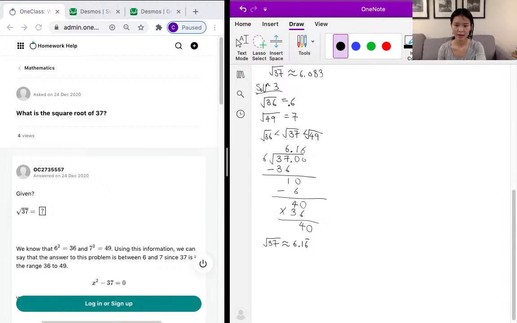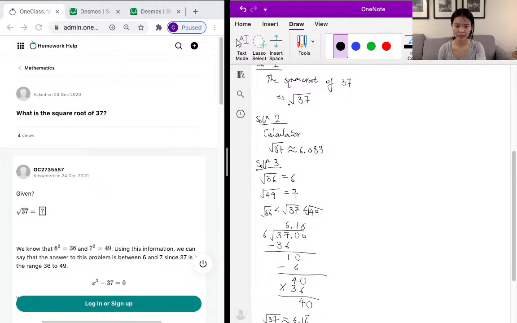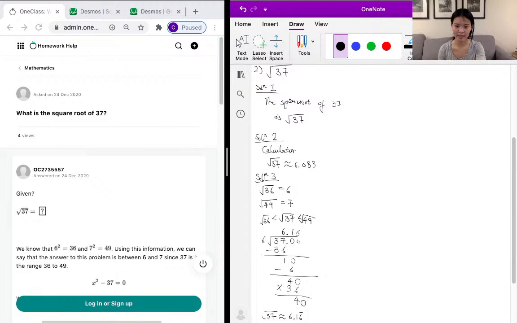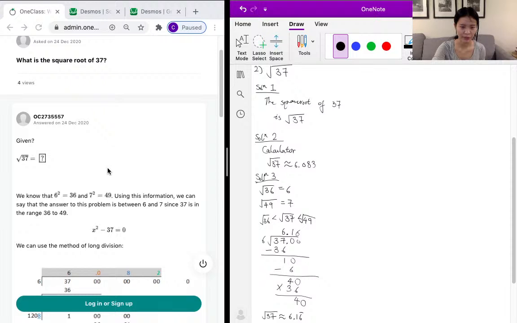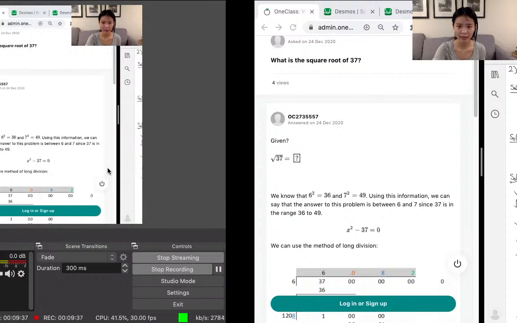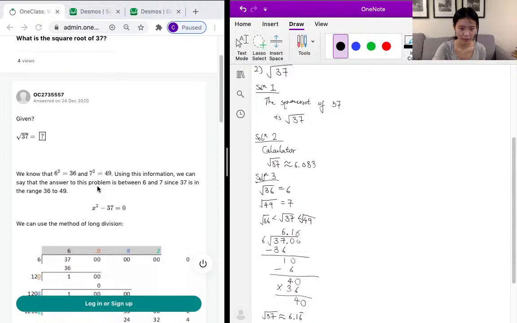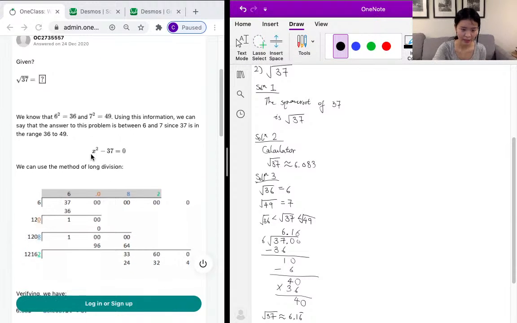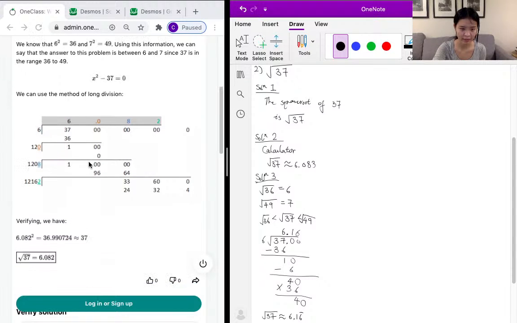Cool. Now let's look at our sample solution over here on the left side and see what they used. The question was the square root of 37, and we know that the square root of 37 is equal to question mark. Again, they just use our solution number 3 here, trying to approximate the square root of 37.